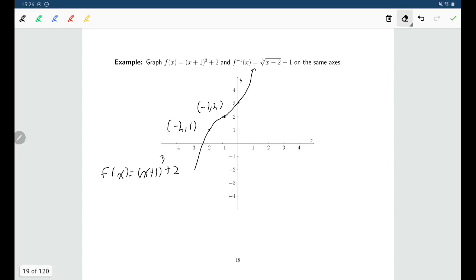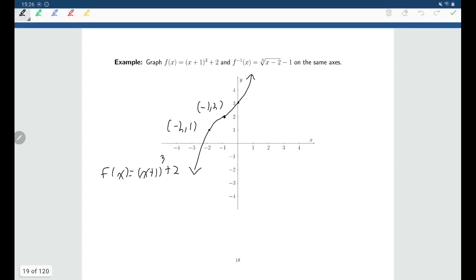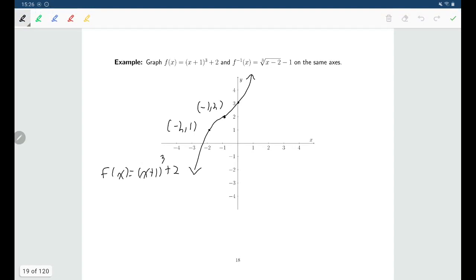And you can say a similar sort of thing about g of x. We know what the graph of g of x should look like because we know that it's basically a cube root graph that's been transformed by shifting to the right by 2 and down by 1. You know the cube root graph goes through (1, 1), (0, 0), and (-1, -1).